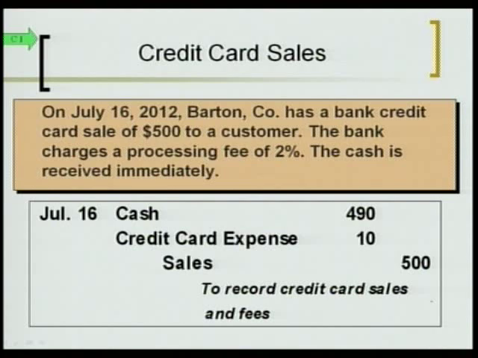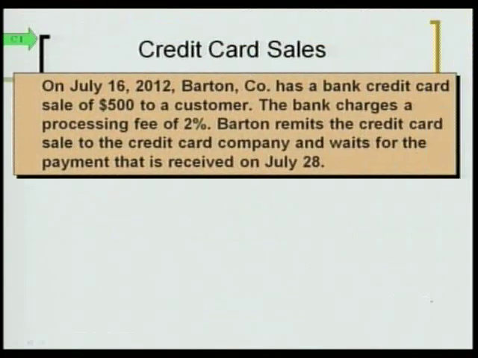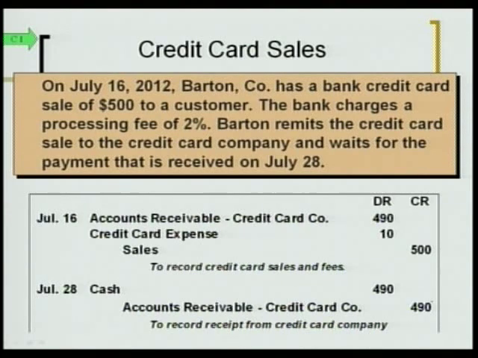So, what about a situation where you have a bank credit card sale of $500, and the bank charges a processing fee of 2%. However, you don't get your cash right away. You have to remit the credit card sale to the credit card company and wait for payment a few days later. Well, everything is the same, except in that first entry, you don't debit cash.